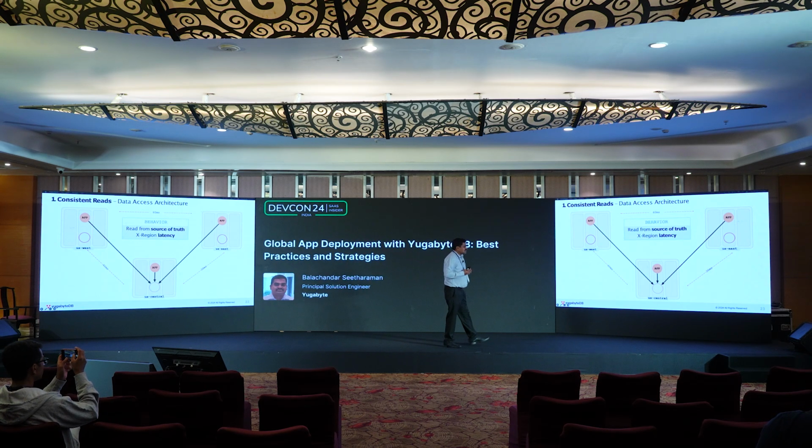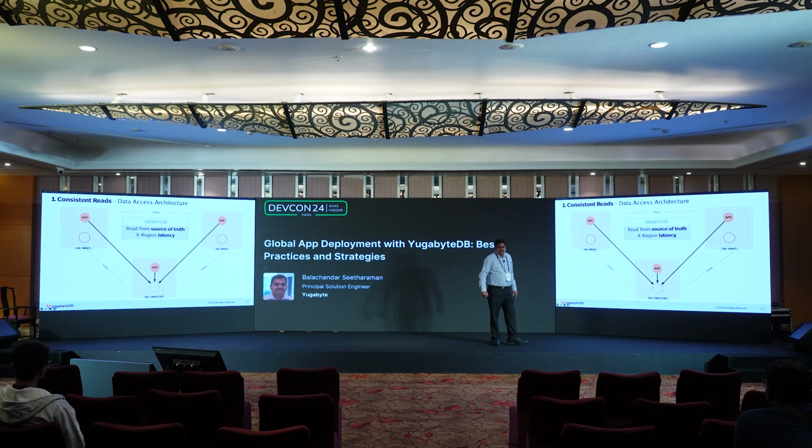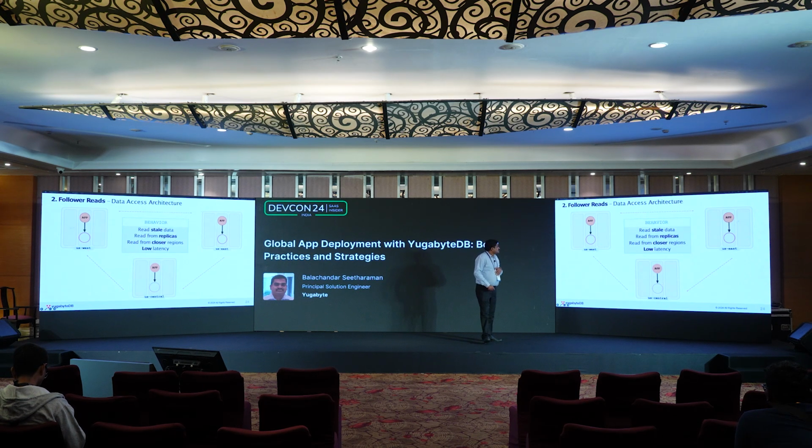The app sitting in US Central will get low latency, whereas the other two will always get high latency, because 30 to 40 milliseconds of network latency is something you have to take care of in your query part. So this is one way.